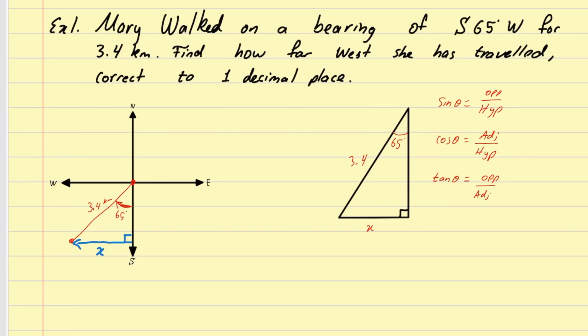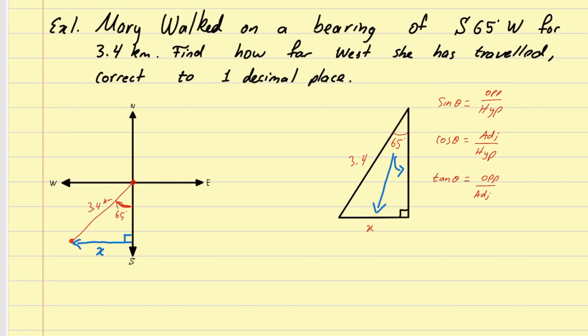So wherever my angle is, the opposite side will just be opposite that angle. So if I have a look at this 65 degrees right there, this side that's directly opposite the angle would be my opposite side. So therefore, what would this one right there be? That would be the adjacent side. And adjacent just means next to or side by side.